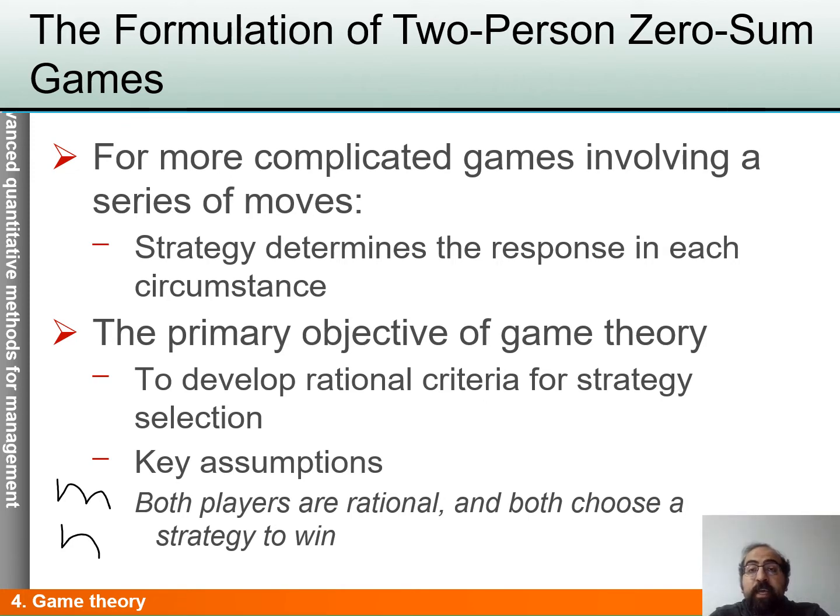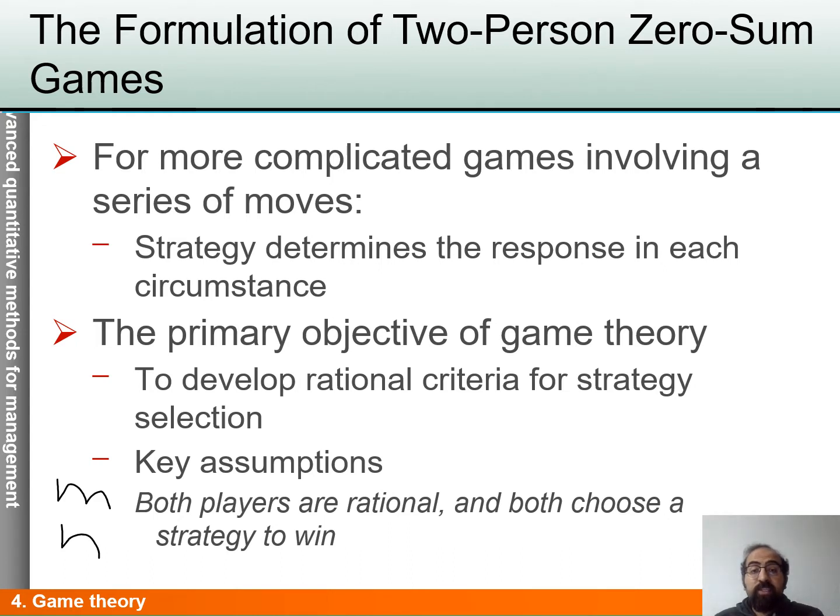It is important to remember that game theory is a rational game, where both players think and both try to win. They need to choose strategies to win, or if they can't win, they try to minimize their loss.